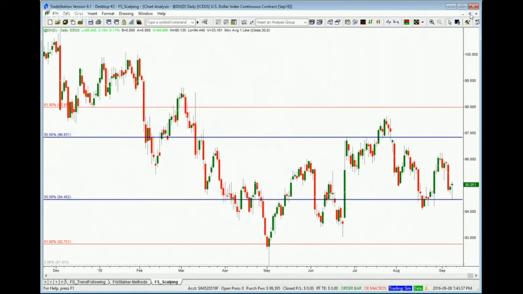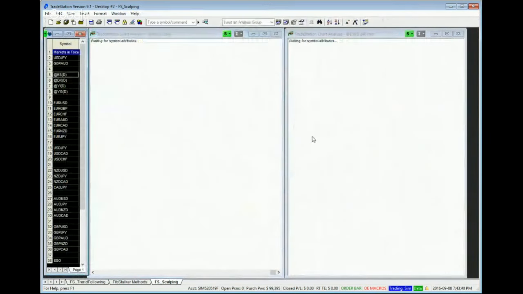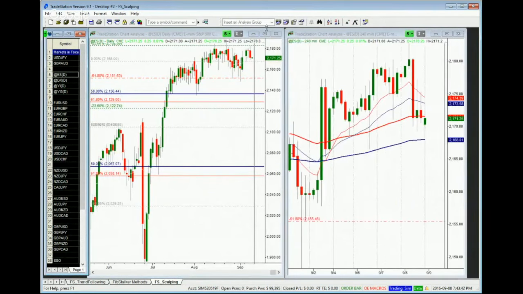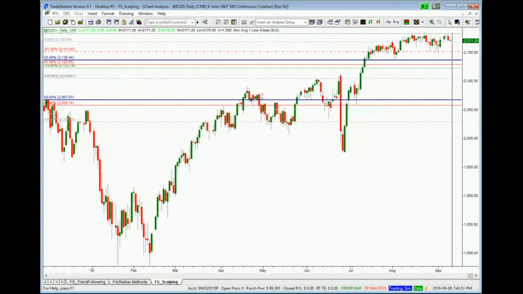Another market that might tell us something about the dollar index, as we showed before, is actually the S&P500, which is the equity stock index that I follow.